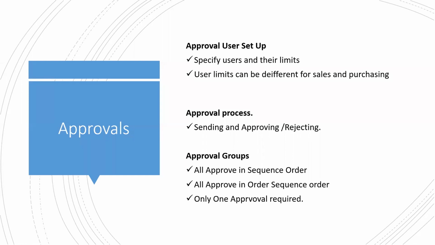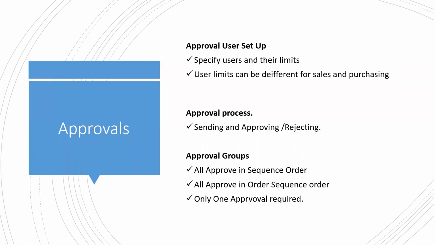As an example, if we have a hierarchy of approvers, then we could have some specific limits. If we have a purchase document, one user could approve any purchase below some specific limit, but maybe we have the manager who could review more expensive items to be purchased.